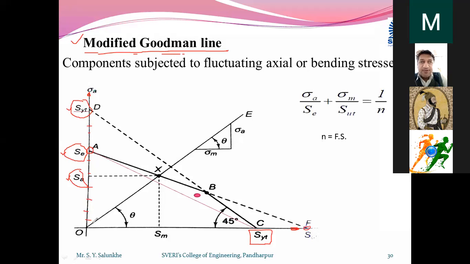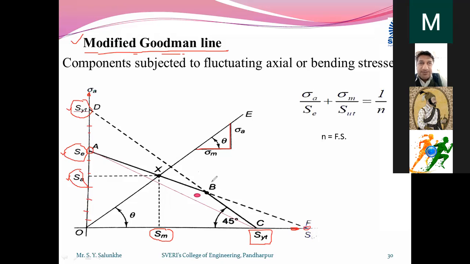And if you draw any line for which the slope is constant, then this particular region shows the stress which has been generated, and below this polygon which has been formed, that is A, B, C and O.